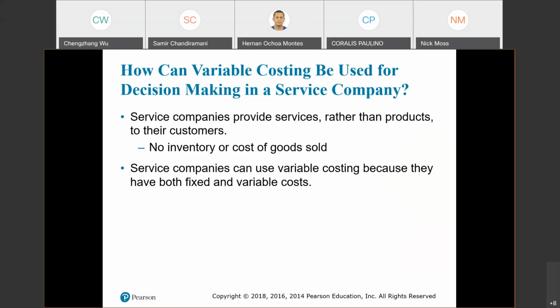These costing methods can be used to analyze profitability in the service company too.